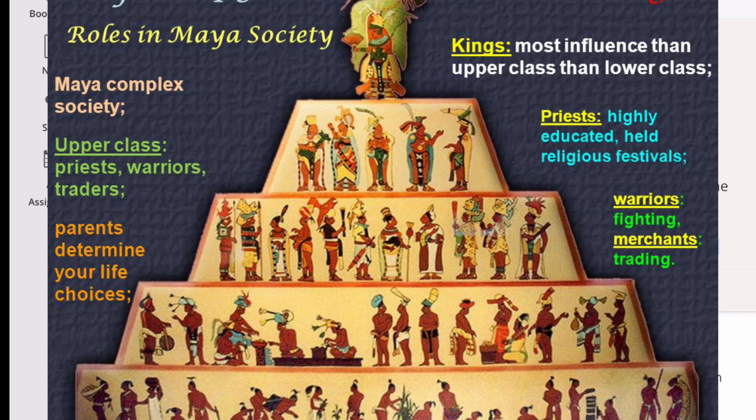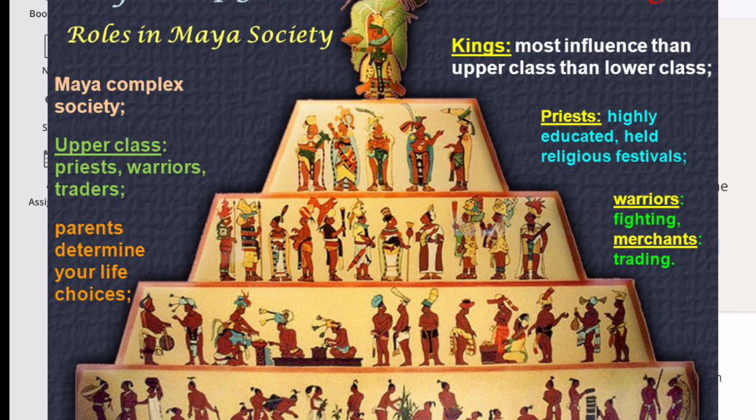The Maya social structure is a lot like the European feudal system. Of course, to be honest, it is a lot like every civilization. The upper class includes the king, the topmost, and his family. The upper class also includes the priests, warriors, and traders. Priests are highly educated and they are in charge of religious festivals, prophecies, and communication with their gods.